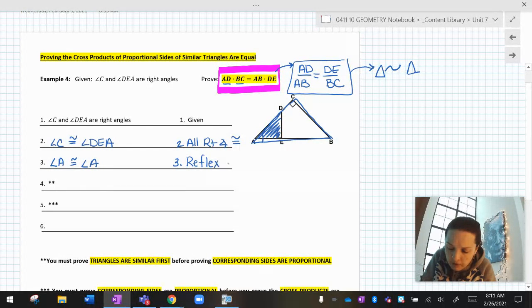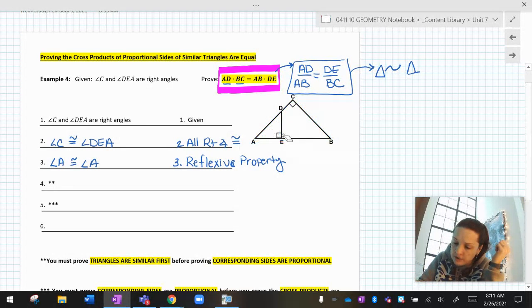When you have two triangles that tuck together like that, that's the reflexive property for angles. And so if I unscribble that, I've now proved that A is congruent to itself. I have this right angle here. I have two pairs of congruent angles, which means I have two similar triangles.